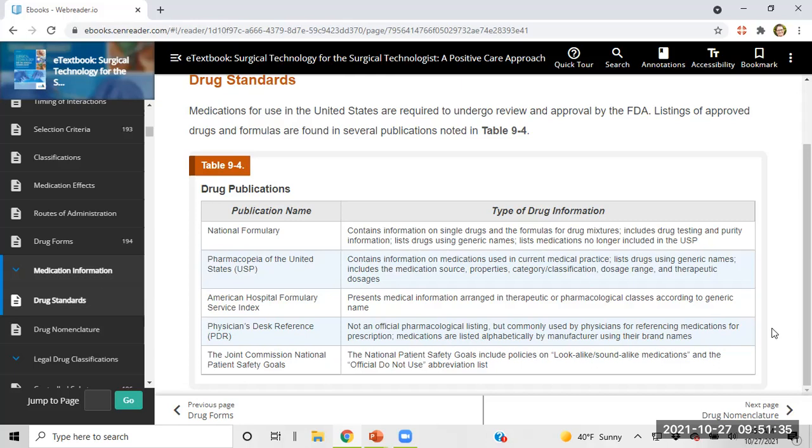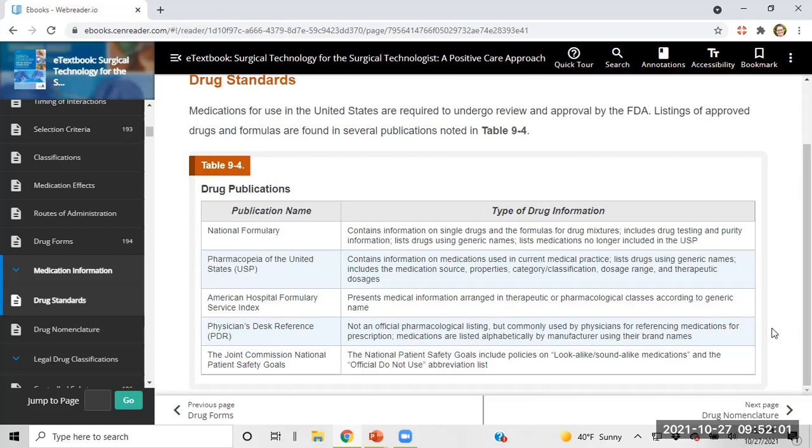So once it's gone through the testing procedures, things will be added to a national pharmacy. Pharmacopoeia of the United States, this is the USP. This is where they're looking at generic names, their source, their properties, all the information. American Hospital Formulary Service Index, Physician's Desk Reference, this is a PDR. Every physician typically has one of these.